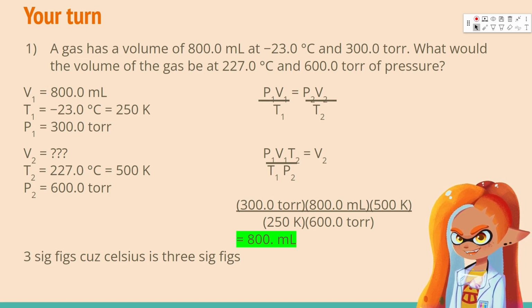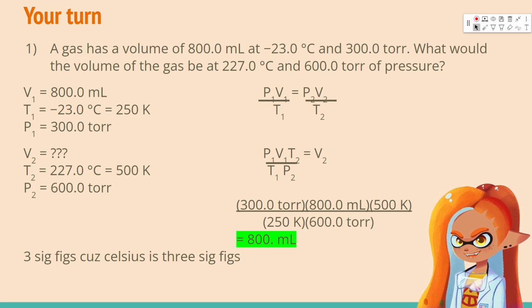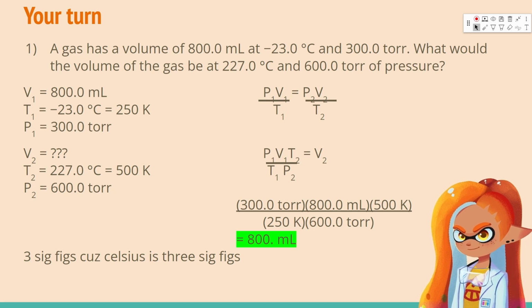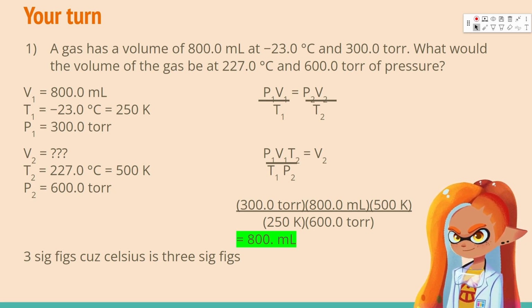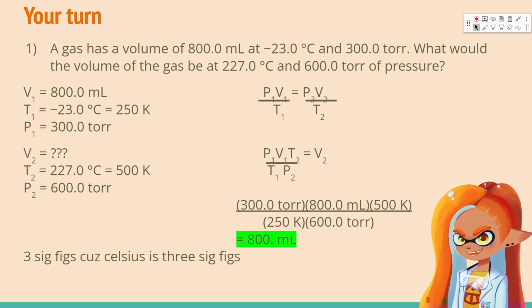And then I just plug in my values based off the givens and I get my answer. Notice it's 3 sig figs because I have 4 sig figs on the volume, but my degrees Celsius was given in 3 sig figs, my pressure was given in 4, I have the least amount because this is all multiplying as 3, and notice I put a period because if I only put 100, that's 1 sig fig.